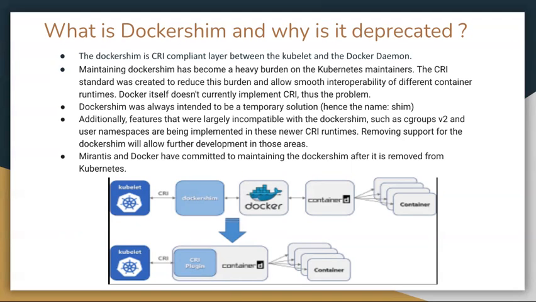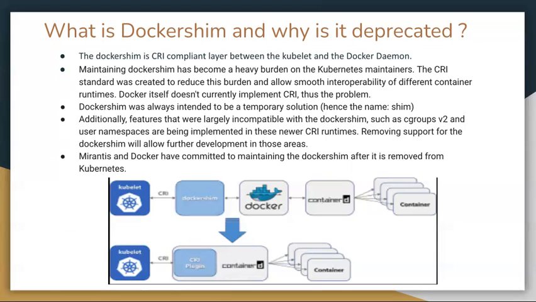Docker itself doesn't currently implement the CRI. This was the problem. Docker didn't opt for the CRI, which was a standard for creating containers and reducing the burden. So this was not supported by Docker. That's why, as a temporary solution, Kubernetes implemented this Dockershim, which allows Docker to run inside Kubernetes.